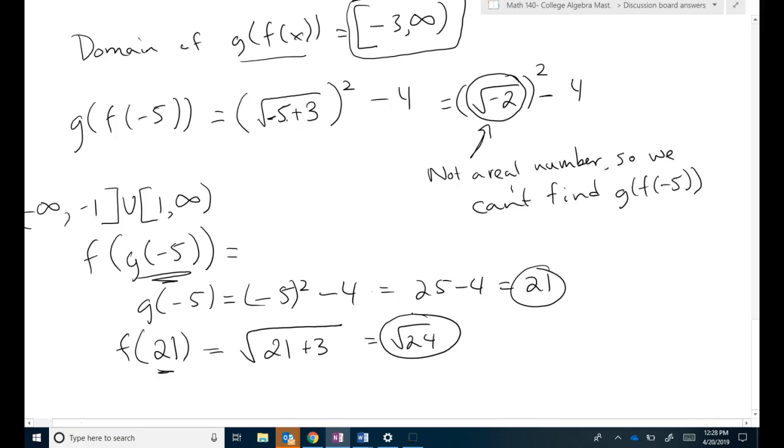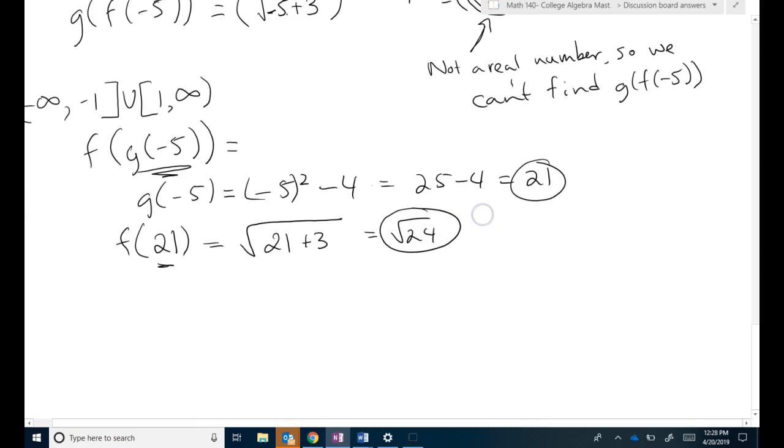Okay, so we've developed some basic principles for working with composition of functions. One, suppose we wanted to find f of g of x.